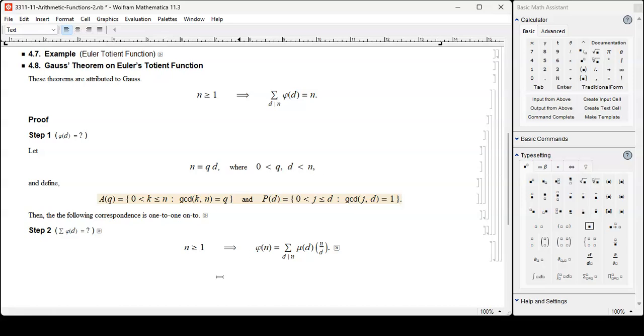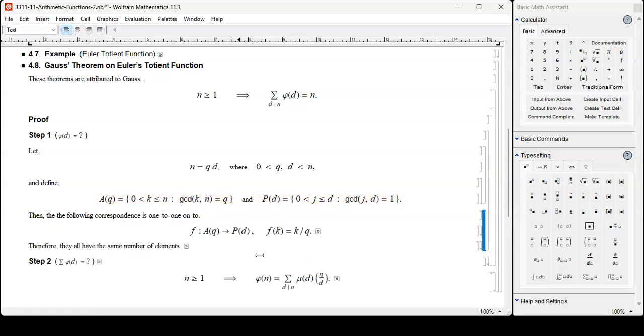Now here, let's make the following correspondence from capital A to capital P, like this. f of k is k over Q. And then we'll prove that this is a one-to-one onto bijection from capital A to capital P.